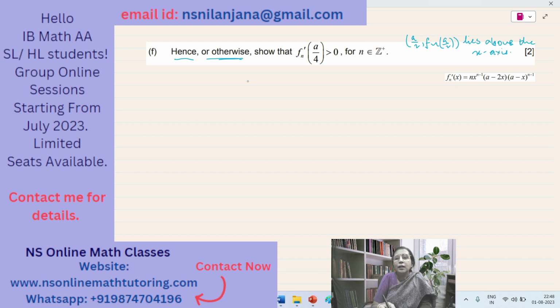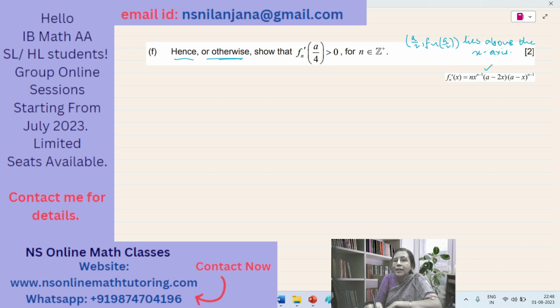And you may use this feature or the other features of the previous subparts, or otherwise you can use some other method as well to show that fn dash of a over 4 is greater than 0, where n is a positive integer.